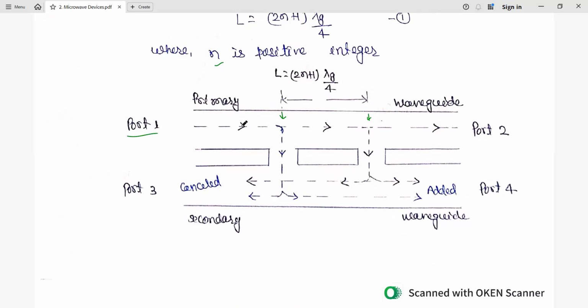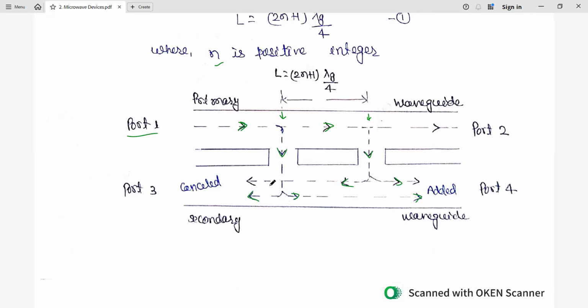One is the transmission from port 1 going to port 2. And from hole 1, it is possible that it will go towards port 3 and port 4. This is when it goes only through hole 1. Again at hole 2, it is going to split towards port 3 as well as port 4.